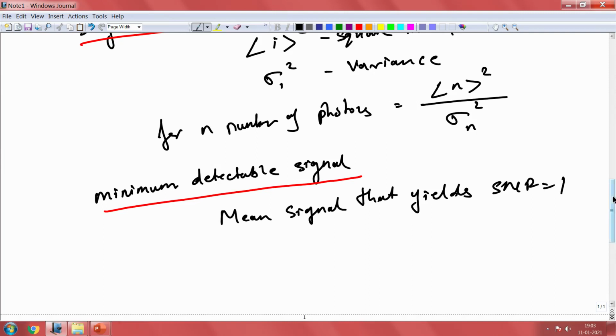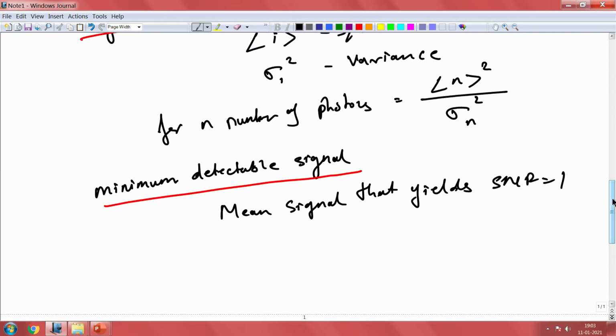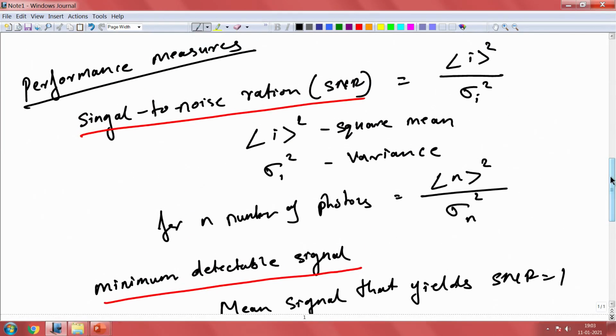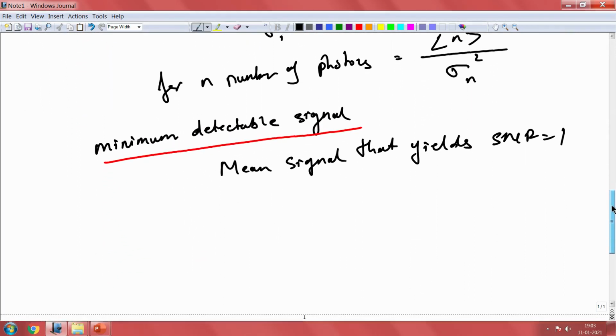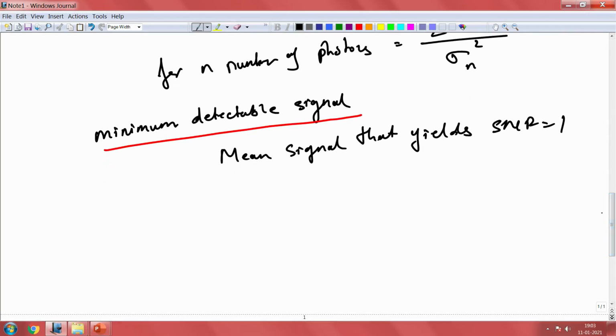That means you need to get more photons or more current than the variance that you have. So, that is the minimum detectable signal. That means you are more than the noise that you have in the system.